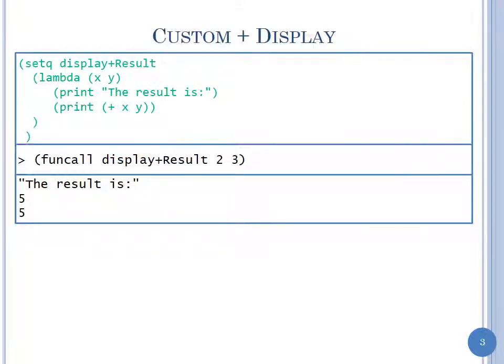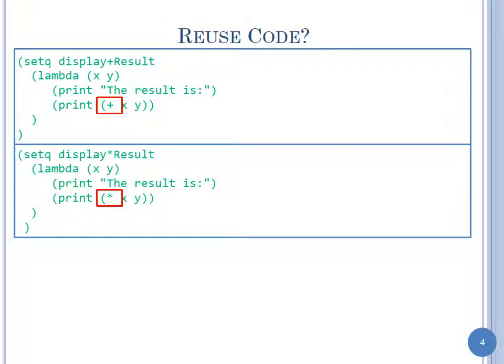Nothing to learn from them, except that now I want to put my reusability hat on. I've got two functions, display-star and display-plus. Okay, I've copied and pasted the code from one to the other to create the other code. And the difference really is in the way the functions are named, of course.